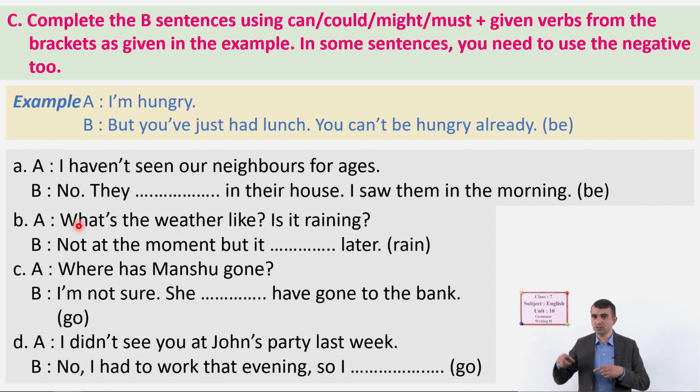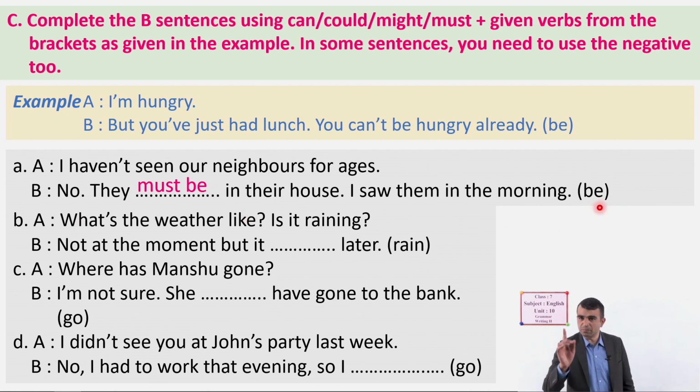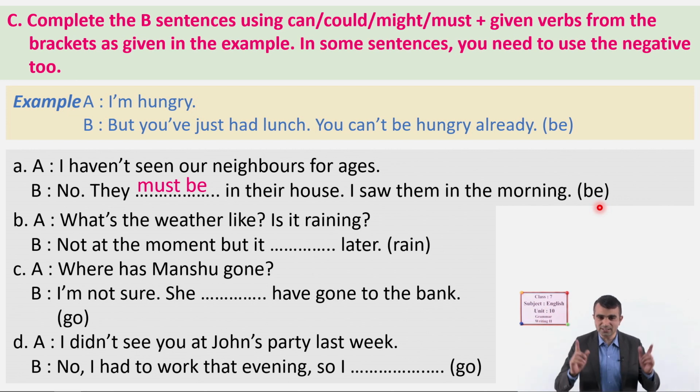If I saw them in the morning, what do you use here? Well, we use must be. B is given in brackets, so we use be as the verb: they must be in their house. Why? Because I saw them in the morning. Good.